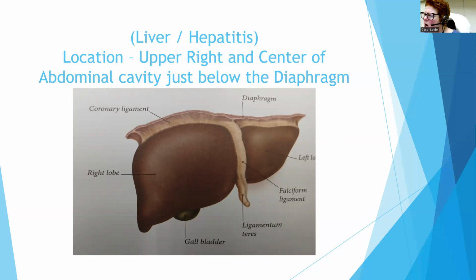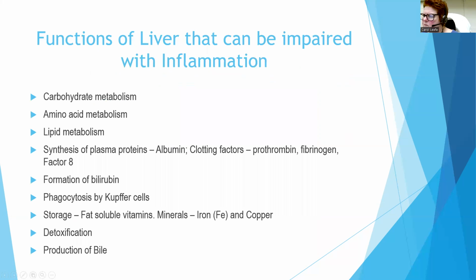Okay, so we're going to be talking about the liver as it relates to hepatitis in a few weeks with metabolism. Miss Serpass is going to be talking about the liver as it pertains to liver failure, cirrhosis, that kind of thing. Okay.